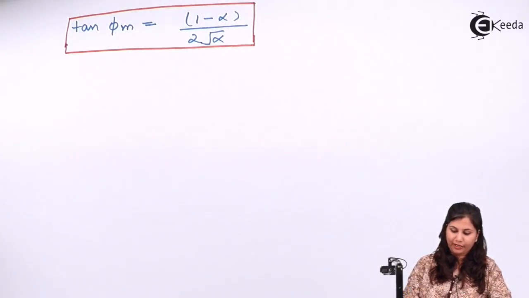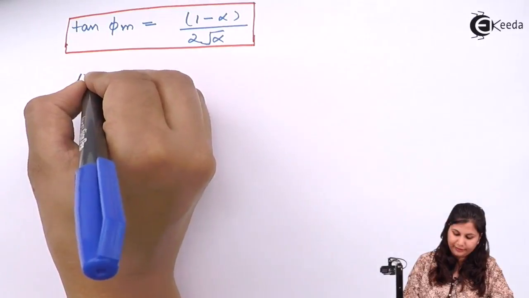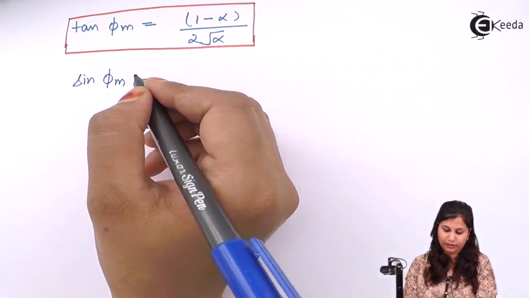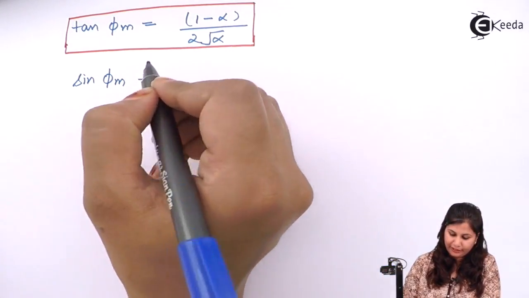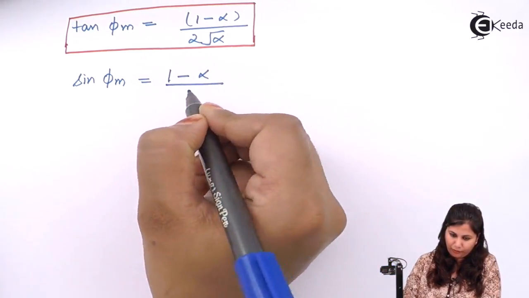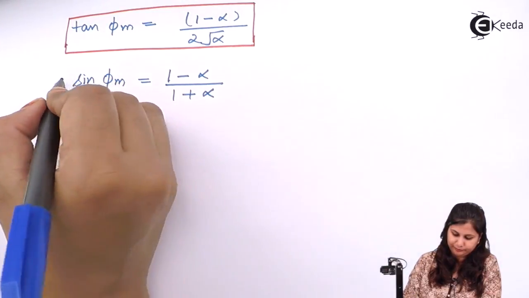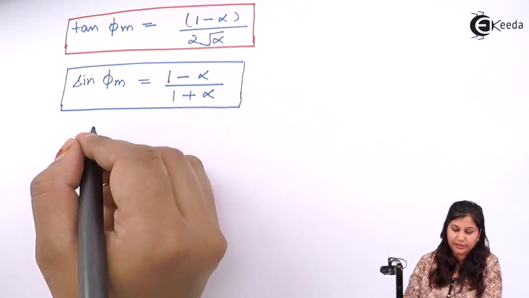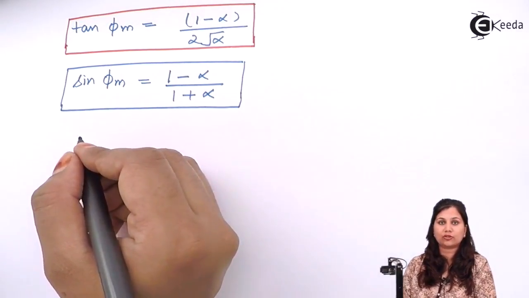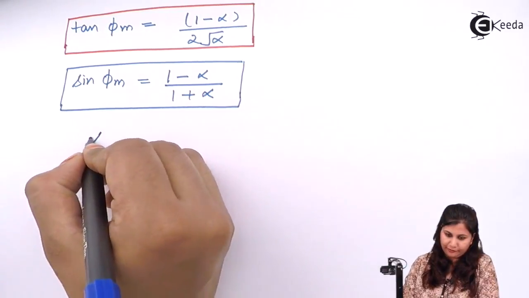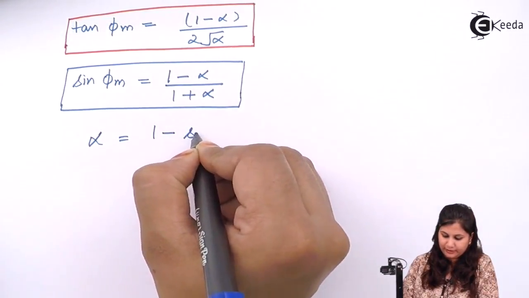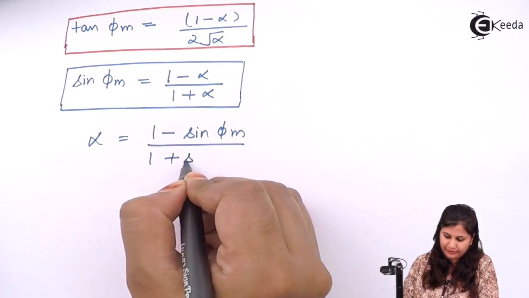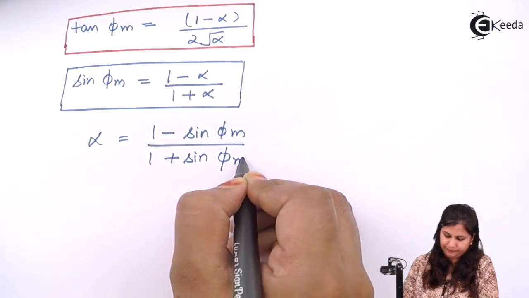Now from this tan phi m, if we calculate sin phi m, which is the maximum phase lead, okay, just remember. So sin phi m will be 1 minus alpha upon 1 plus alpha. And through this, the value of alpha, which is the constant we have introduced, alpha will be 1 minus sin phi m upon 1 plus sin phi m.